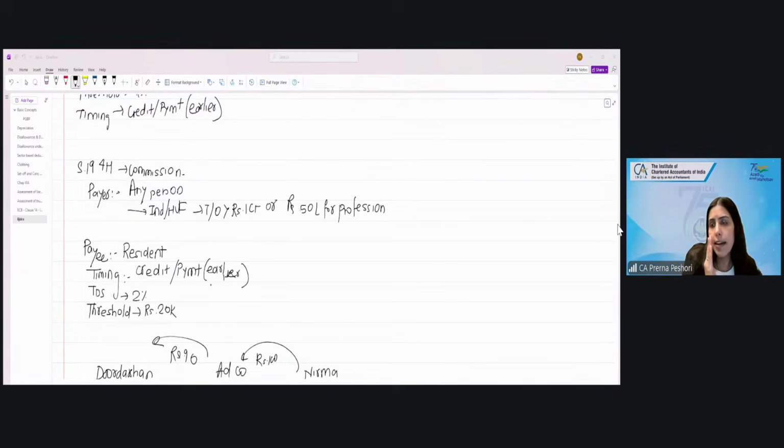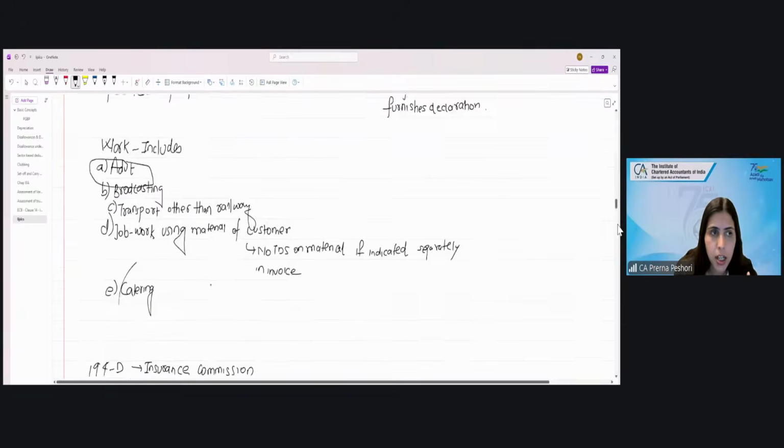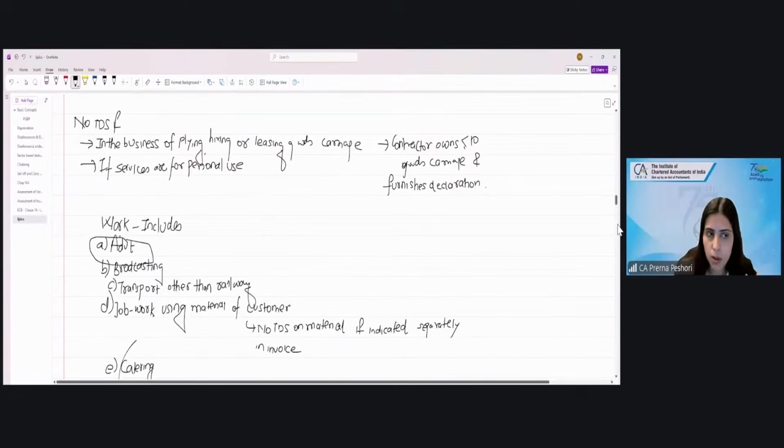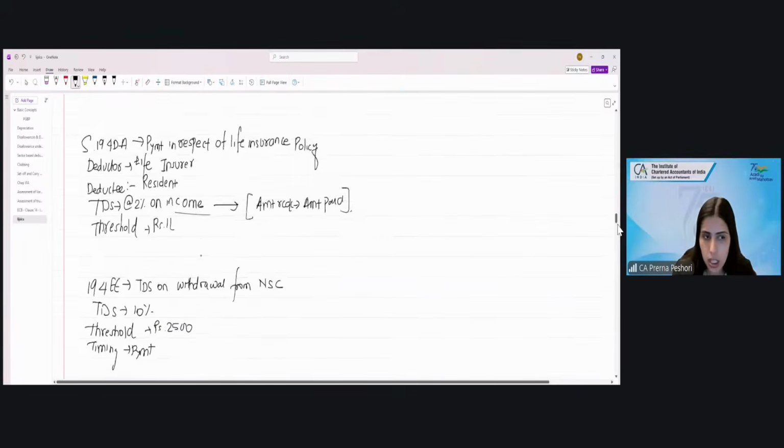When the client pays to the advertising agency, under which section do we deduct the TDS? 194C, because work includes advertisement. So when the client pays to the advertising agency, it will deduct TDS under 194C.